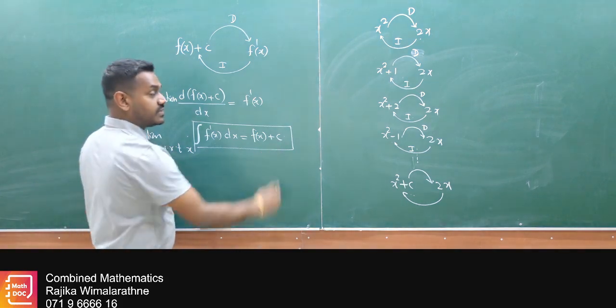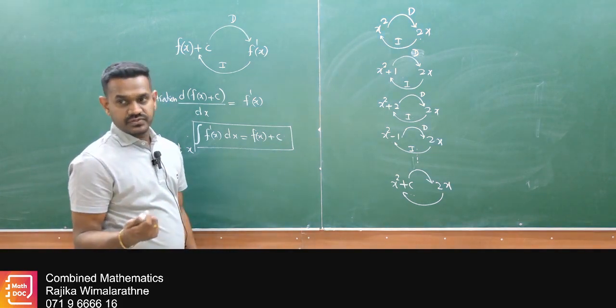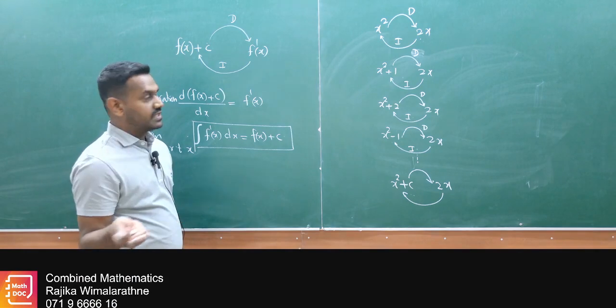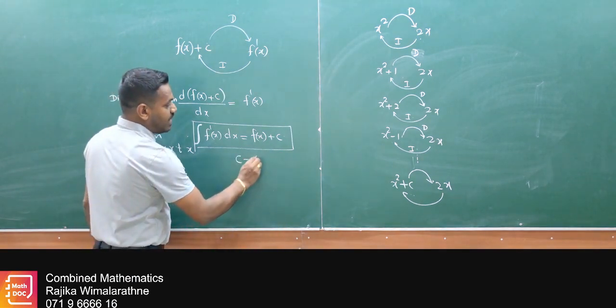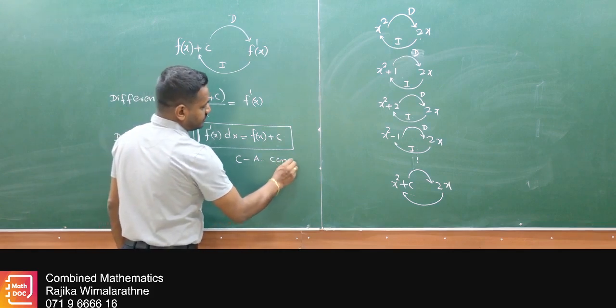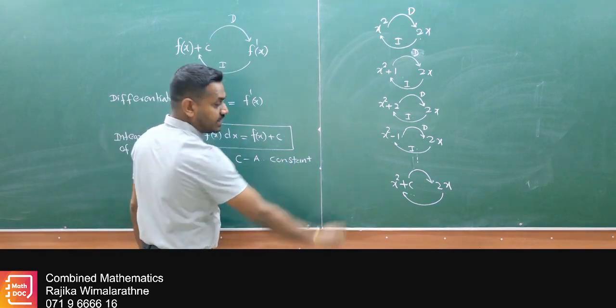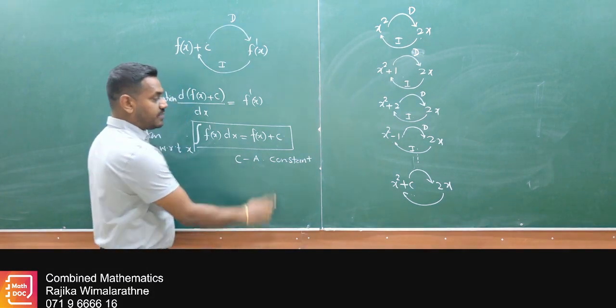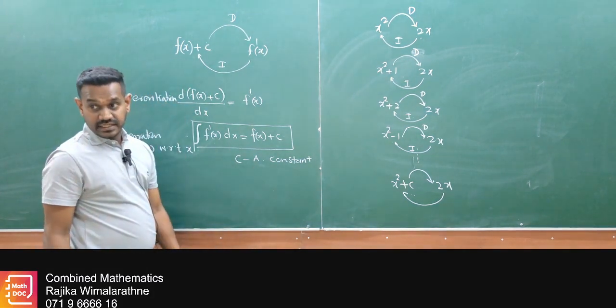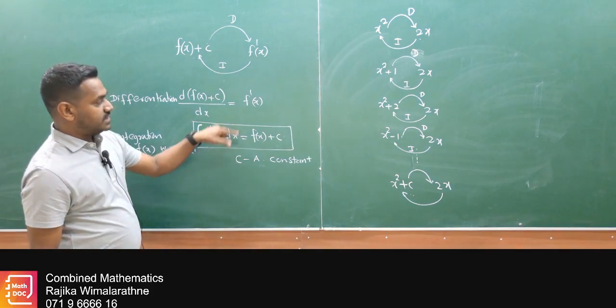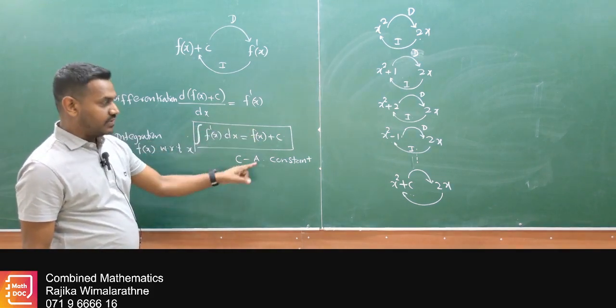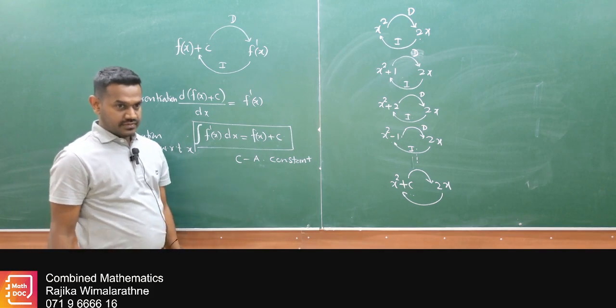Then c can be any constant. c can be 1, 2, 3, 4, 5, 6, minus 1, minus 2, 0, all are possible. Because of that, we say c is an arbitrary constant. Any constant we call an arbitrary constant. That's how we denote the integral: integral sign f dash x dx equals f(x) plus c. c we call the arbitrary constant.